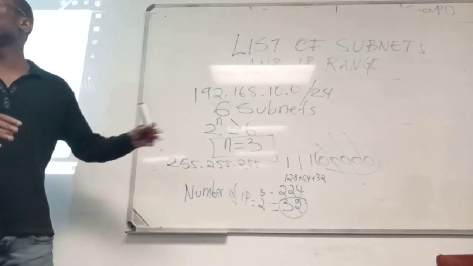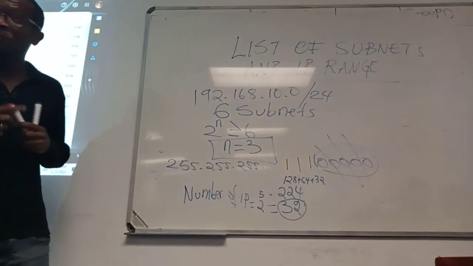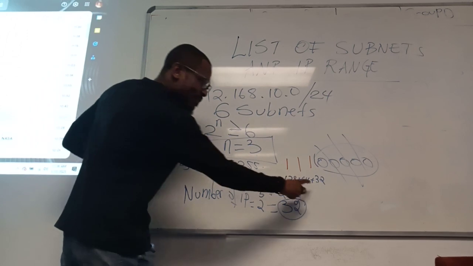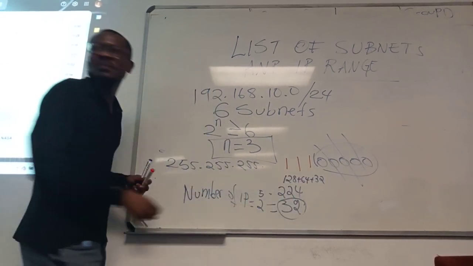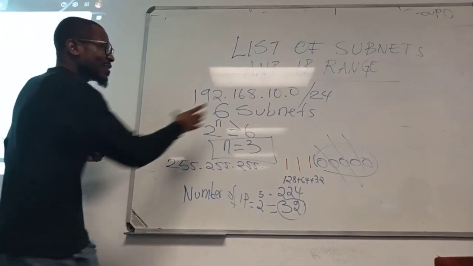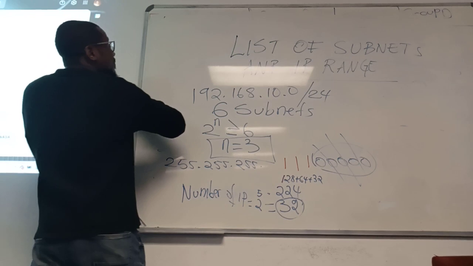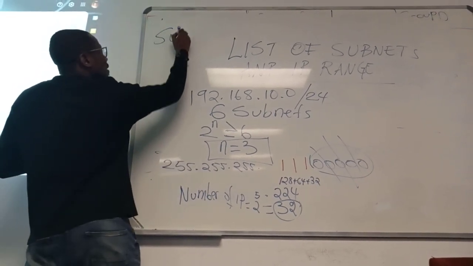Very easy, you know them already. You have to pick up the last number, and how many IPs? 32. So you start from here. So the first subnet, let's write it down.